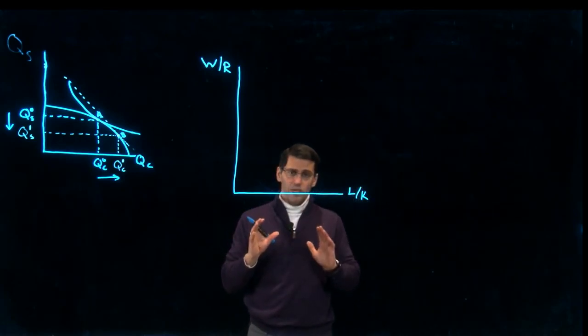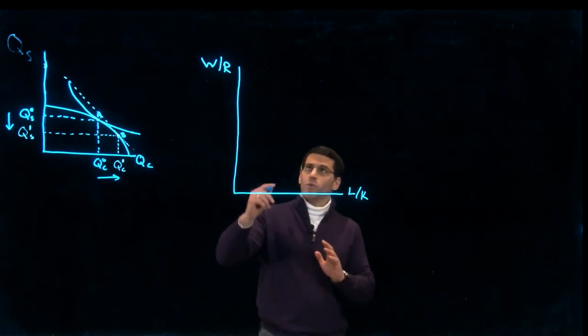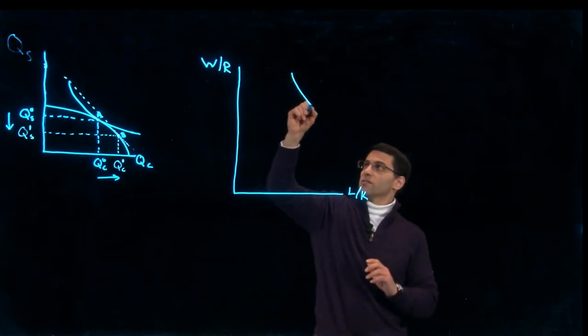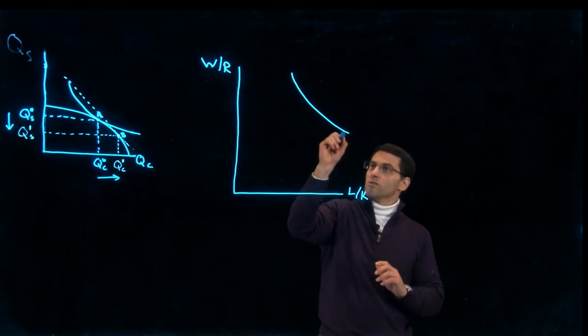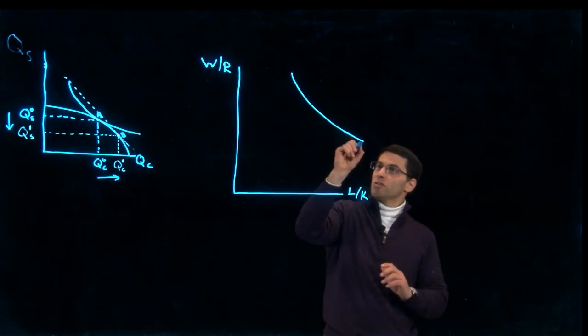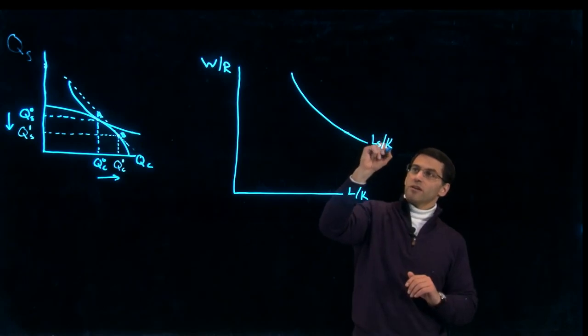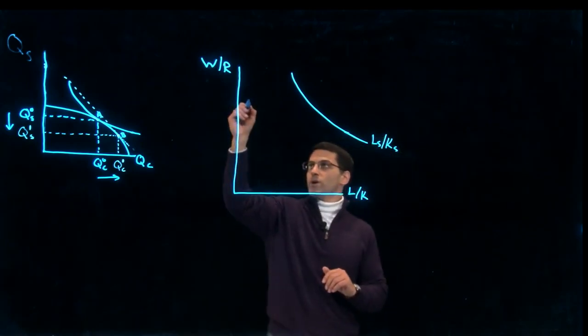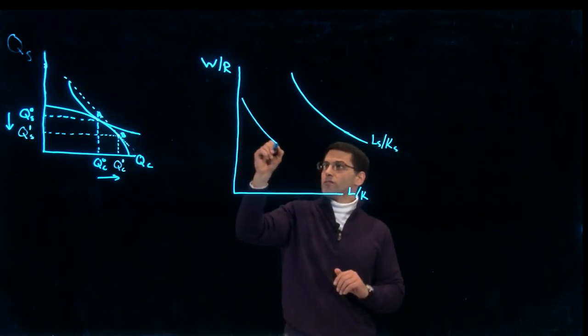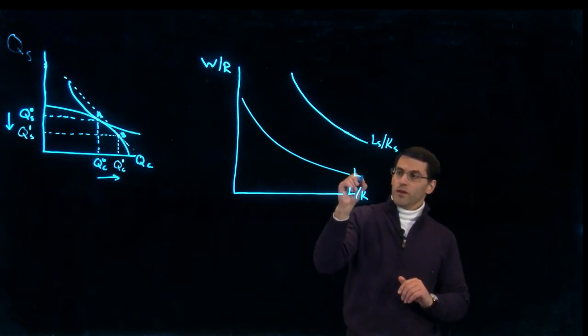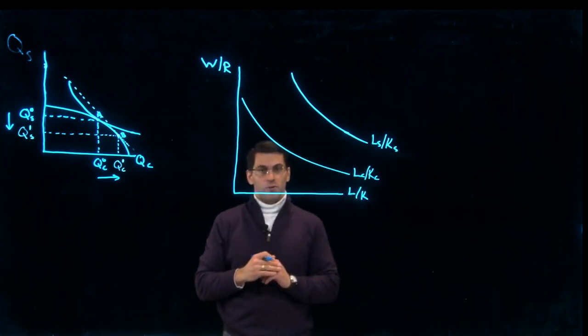And if you recall, what we said was that shoe production is labor intensive, which means that at every wage to rental rate, shoe production employs a higher ratio of labor to capital compared to computers.